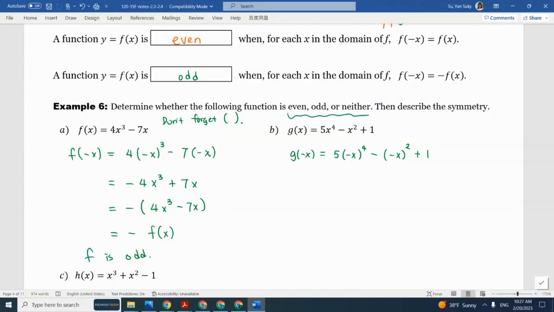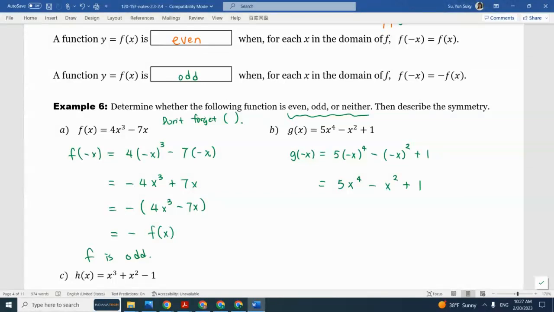What is negative 1 to the 4? 1. So the negatives disappear, because negative 1 to the even power is just 1. Right, everybody? So we get 5x to the 4th minus x squared plus 1.